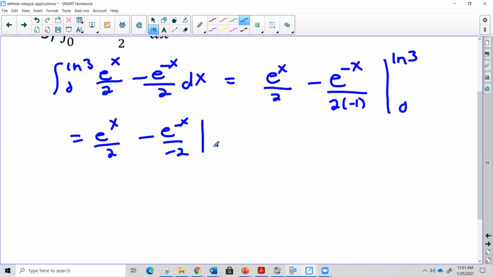And then to make my life a little bit easier, I have minus, and then this is like a negative. You can put the negative, like the 2 here, is the same thing as making the whole fraction negative, and then minus a negative is just plus.